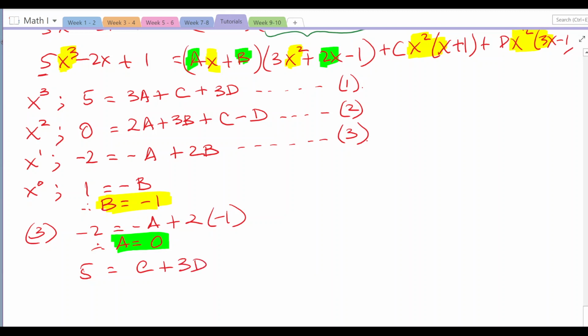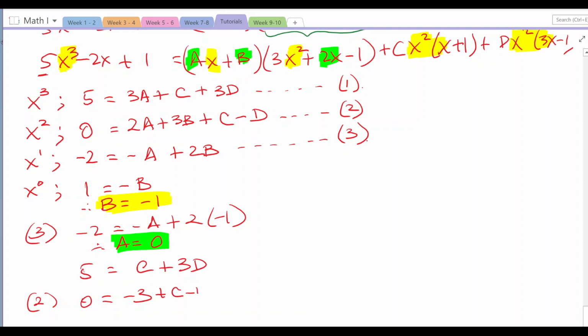And then based on the second equation, we can substitute also. 0 equals 3b plus c minus d, where a is 0 and b is negative 1, so 3b becomes negative 3. So we have 0 equals negative 3 plus c minus d.